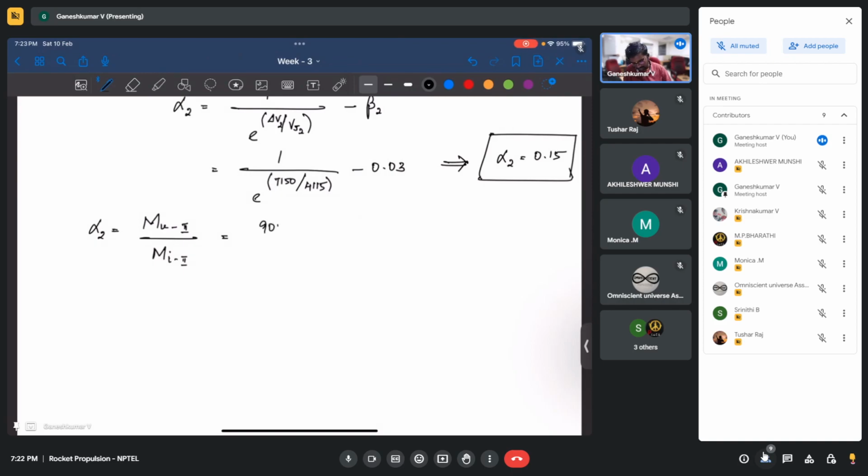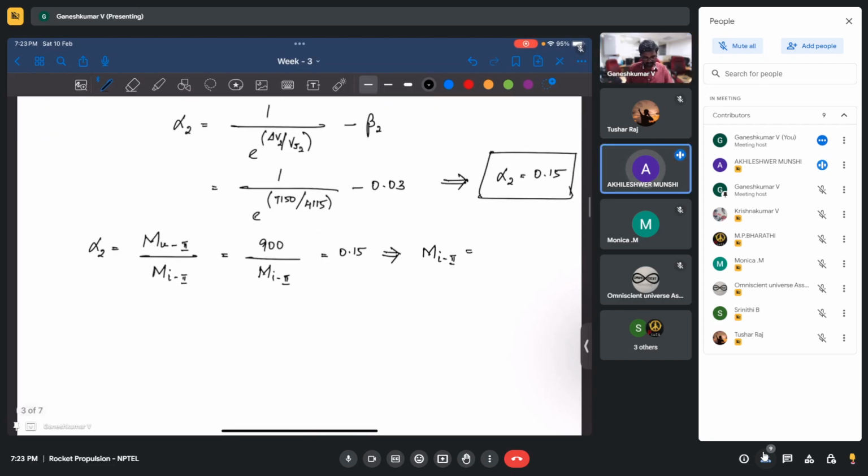So we can write this as 900 divided by mi of second stage, which is equal to 0.15. So from here you can find the mi of second stage, which is going to be 6,000 kg or 6 tons.